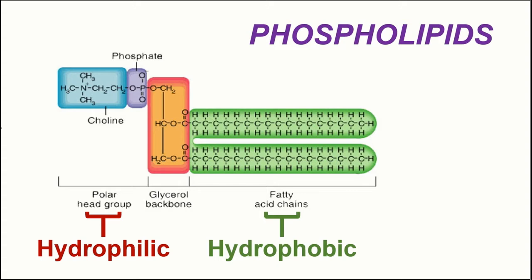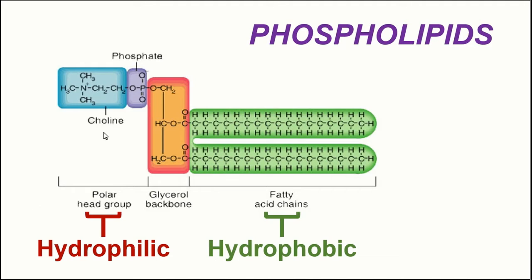Their basic structure consists of a phosphate-containing head group and two fatty acid tails that are joined to the head group by a glycerol backbone. So we have a phosphate-containing head group, a glycerol backbone, and two fatty acid chains or tails that come off the end of it.